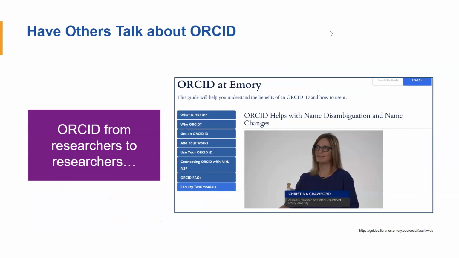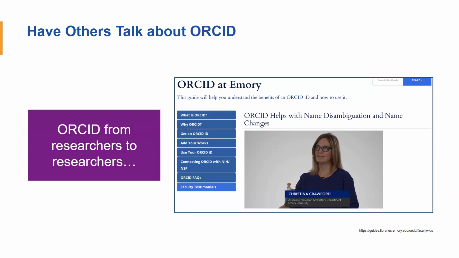What better way to reach your researchers than by having researchers talk about ORCID. Testimonials from faculty and researchers are a great way to get the message across. So here's an example from Emory University. They have a series of testimonial videos from their researchers talking about the benefits of ORCID to their own researchers.